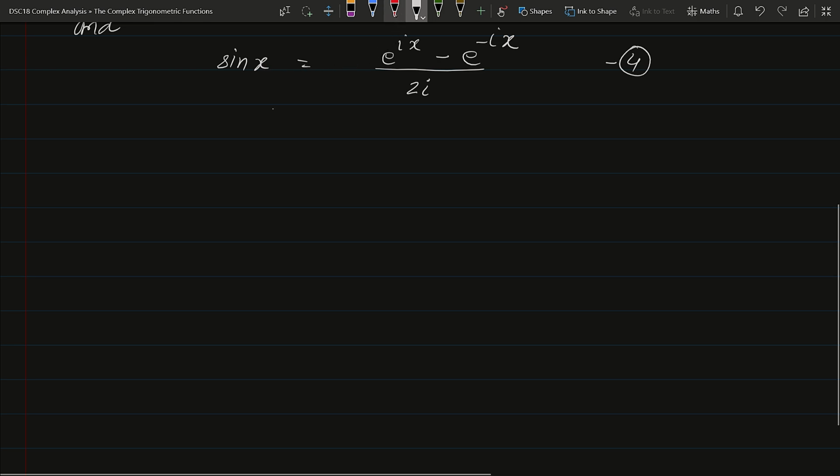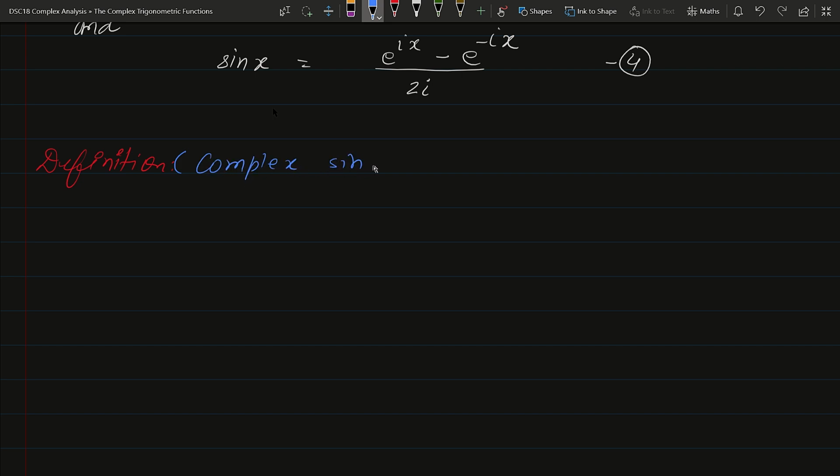Definition: this definition will define the complex sine and cosine functions.